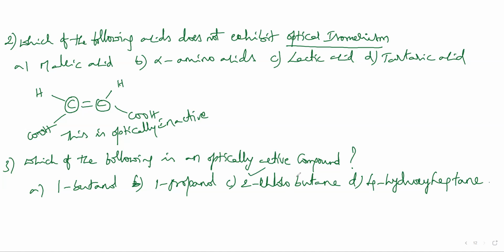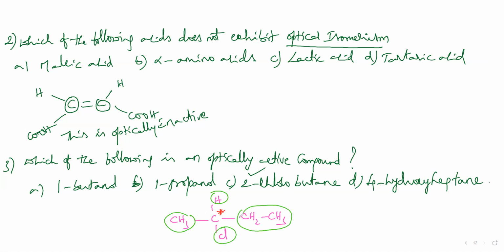Let us suppose you consider 2-chlorobutane. Now consider this carbon: this is one substituent, this is another, this is another, this is another.